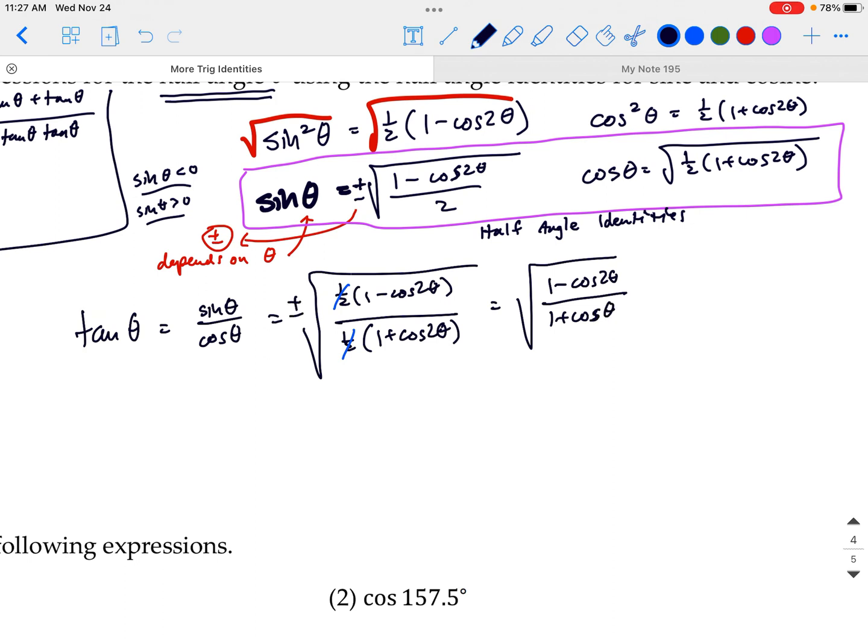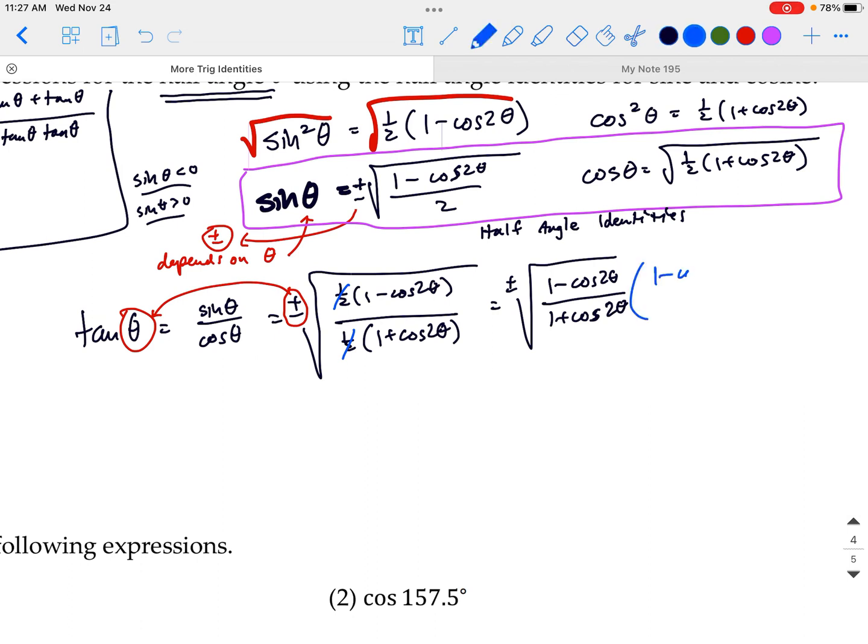Now this is still going to be plus or minus. The plus or minus carries over. And again, that plus or minus is going to depend on theta. So if tangent is negative, this square root has to be negative. But on the inside, well, we've got some choices here. We can choose to simplify a bit. And let me add in 2 theta there.